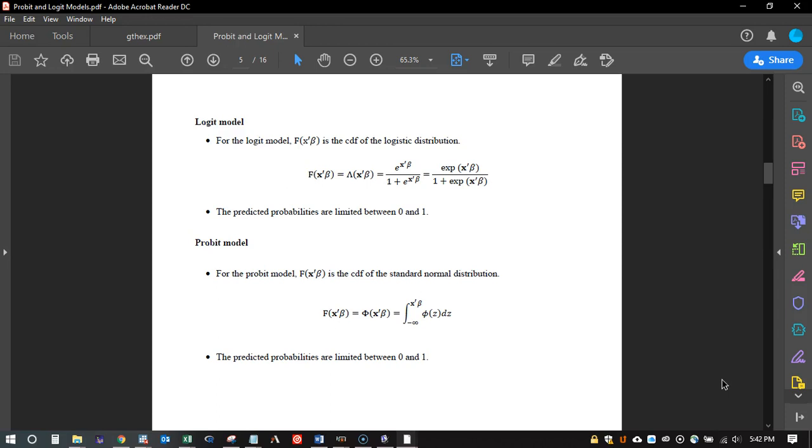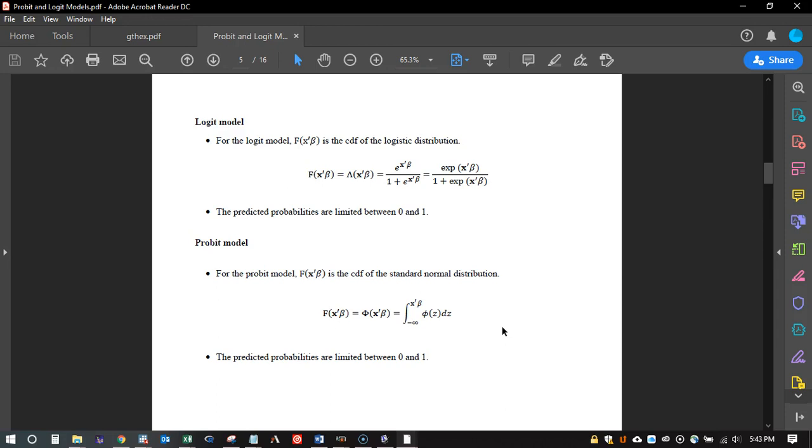So the two potential models that we would use if our left-hand side variable was binary would be the Logit model and the Probit model. The only difference between the Logit and Probit model is the assumption that each model makes of the cumulative density function, or the CDF.